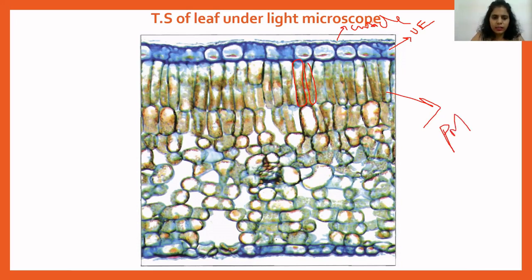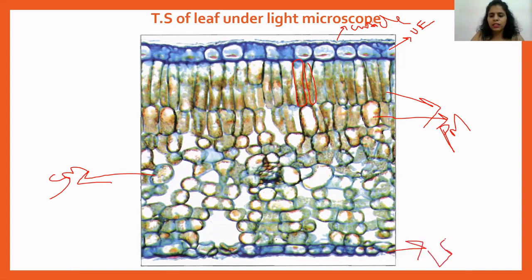This second layer is also of palisade mesophyll cells. Below that we have these loosely packed oval cells, which are called spongy mesophyll cells.